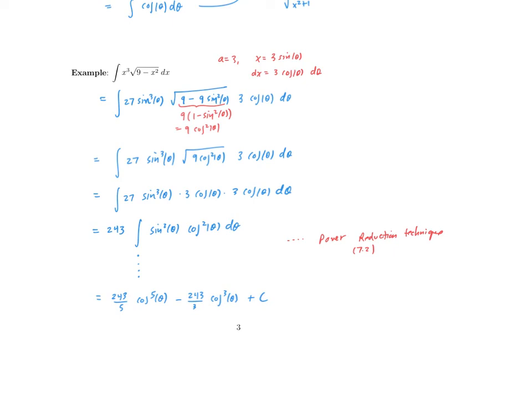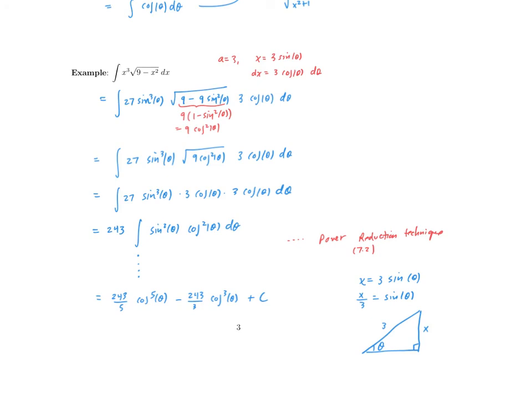The final step, once we get it to this, involves resubstituting. If x is 3 sine theta, x over 3 is sine of theta. Drawing our associated right triangle, sine of theta is x over 3.